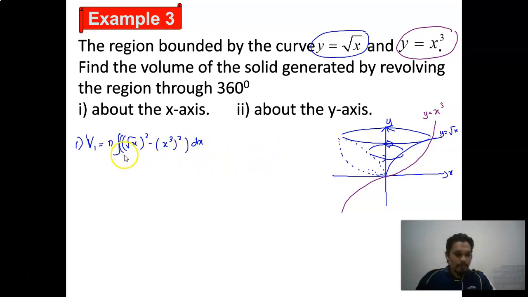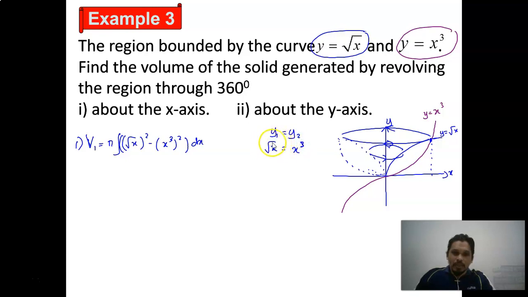Pi from, now we need to find the intersection of this. In this case, we discussed this in our previous lecture on finding the area, which is y1 equals y2, square root of x equals x cubed.